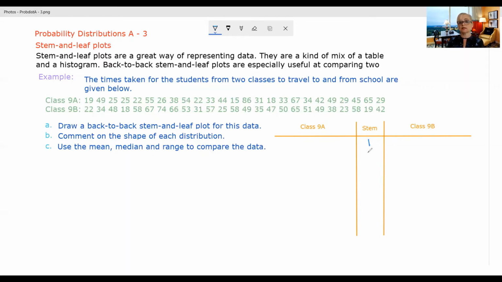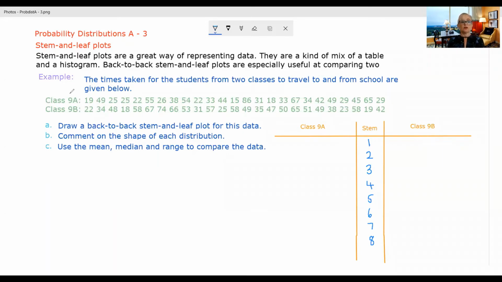All right, so we're going to need stems 1, 2, 3, 4, 5, 6, 7, 8. Because we're doing a back-to-back one, this is particularly useful because it helps us compare the distributions.